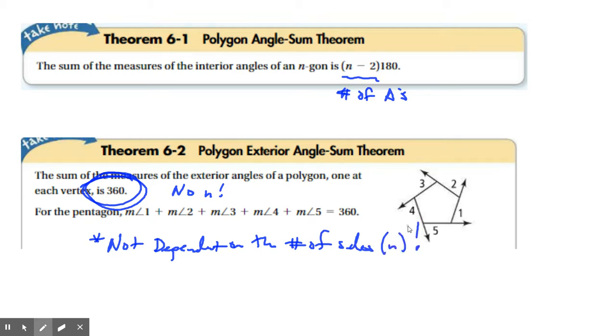That's an important idea. For any polygon, whether a triangle, a quadrilateral, a pentagon, hexagon, heptagon, it doesn't matter the number of angles in the exterior. They should all add up to 360.